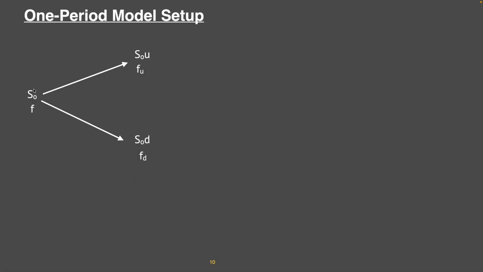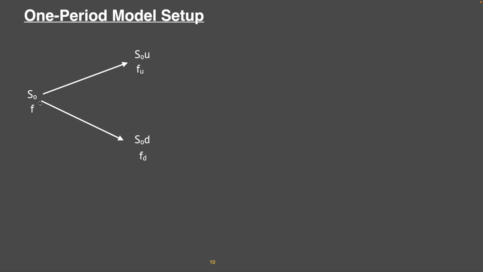The underlying price and the option price will only have two paths. Path one is that the price may increase from S0 to S0 into U. We have already discussed the value of U. U is always greater than 1. And the price of the option may go from F to FU. So we will use the convention FU for this.